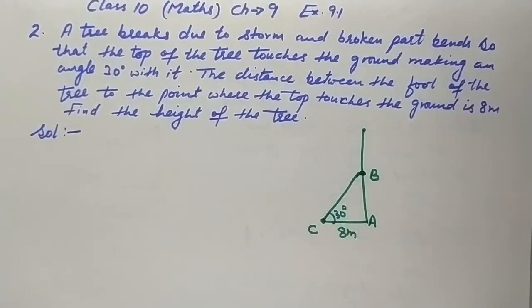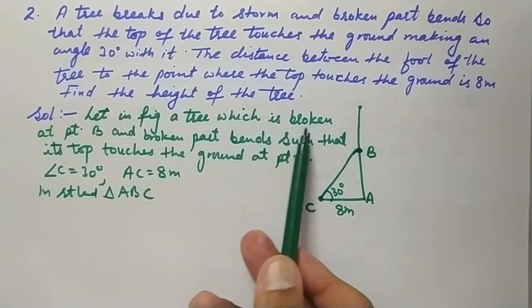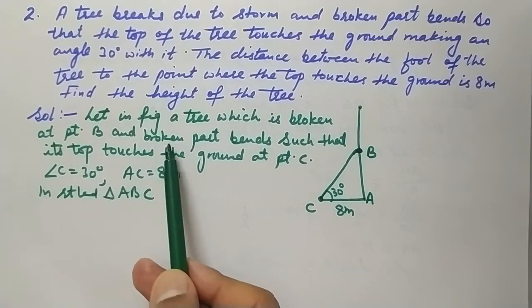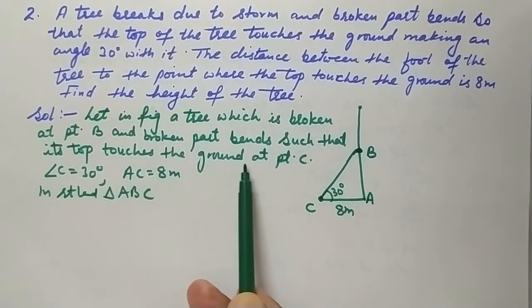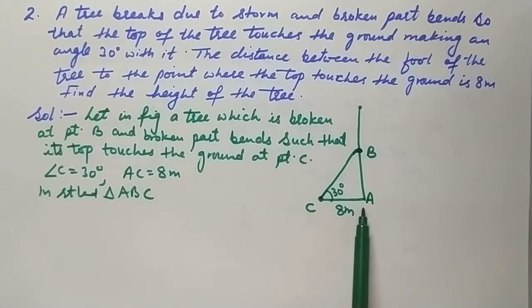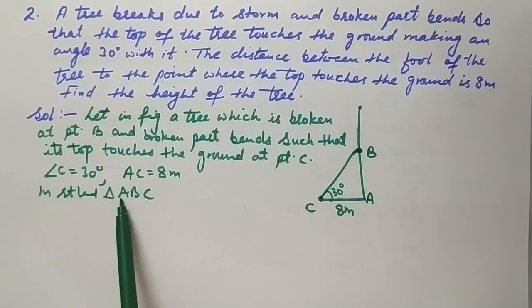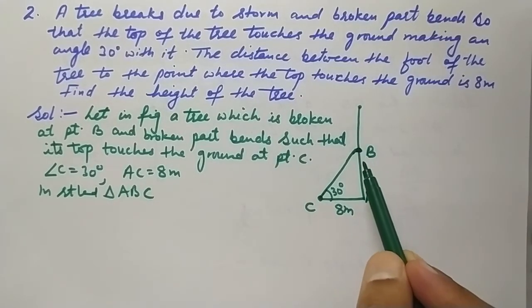So let's start. In the figure, a tree is broken at point B, and the broken part bends such that its top touches the ground at point C. Here angle C is 30 degrees, given, and AC is 8 meters, given. Now in the right angled triangle, what we need to find, we write in the numerator.